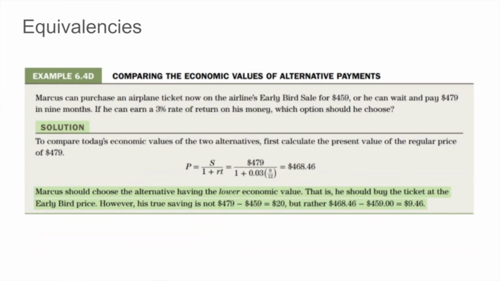And you would think, well, what is his true savings? Well, the true savings is $468.46, which is what that $479 ticket is worth right now. You can get it for $459. So the difference between $459 and $468.46 is $9.46. So as a result, that gives them a little bit of a better deal.